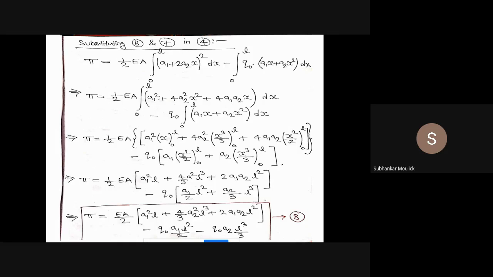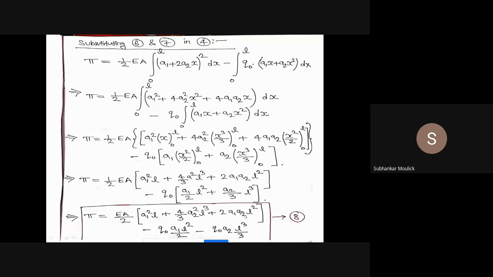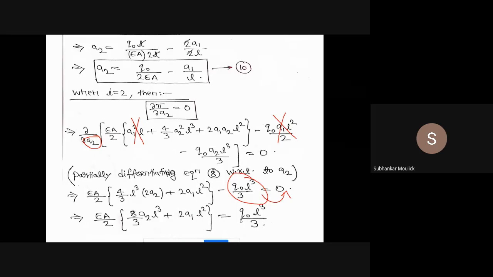The Rayleigh-Ritz statement tells that you have to minimize pi by partially differentiating with respect to these unknown constants and making each equal to 0. Since from equation number 8 it is clear that there are two unknown constants, first I will partially differentiate with respect to a1, and second with respect to a2. If you solve these two equations, you will get the values of a1 and a2.